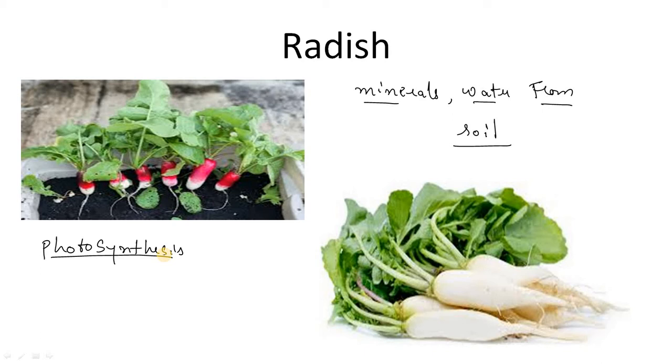So what does the root of a plant do? It is present inside the soil. So what does soil contain? Soil contains minerals, different kinds of minerals, which are very essential for proper growth of the plant, and it contains water, right? So what does the root do?